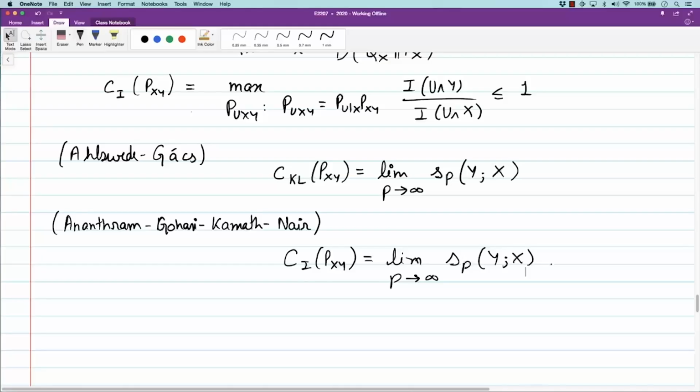Okay, so these two strong data processing constants coincide.